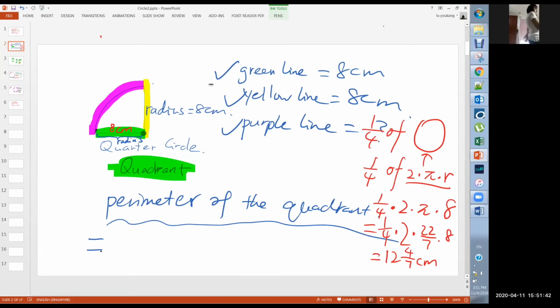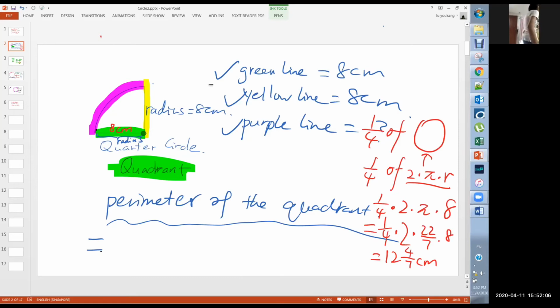Yeah. So trace what color? Look at the diagram. Yellow, green, bottom. So if I ask you for the perimeter, you just need to trace it out and highlight.